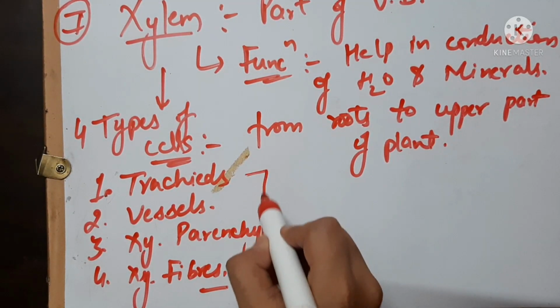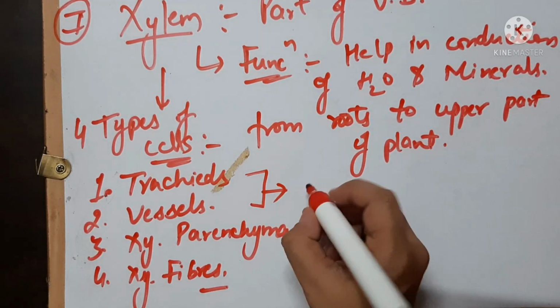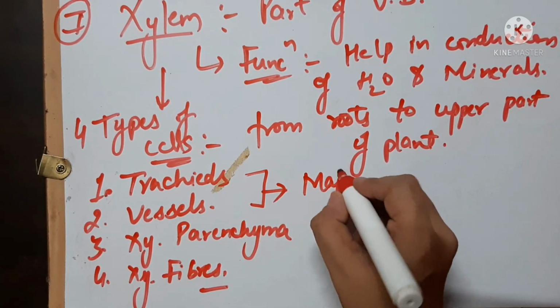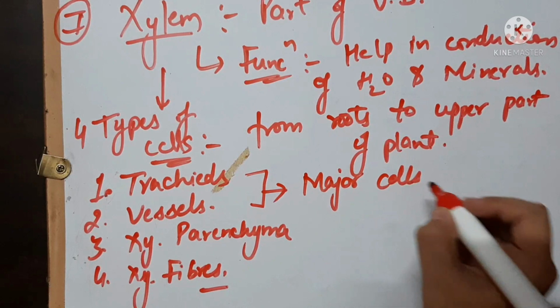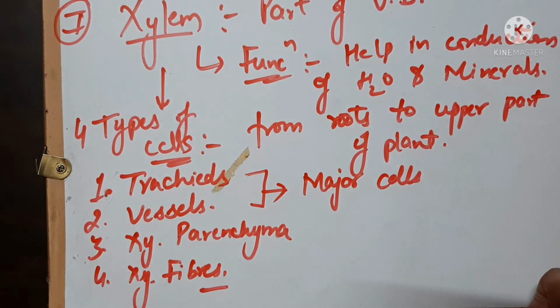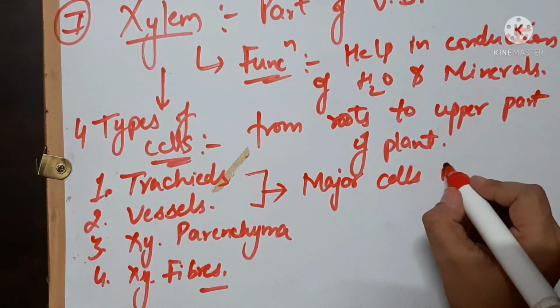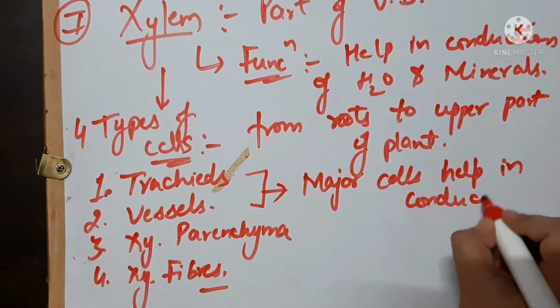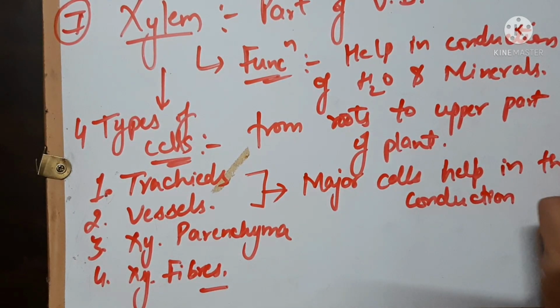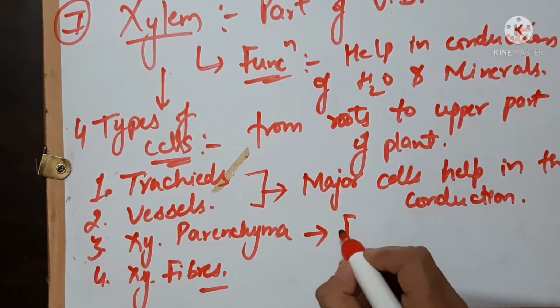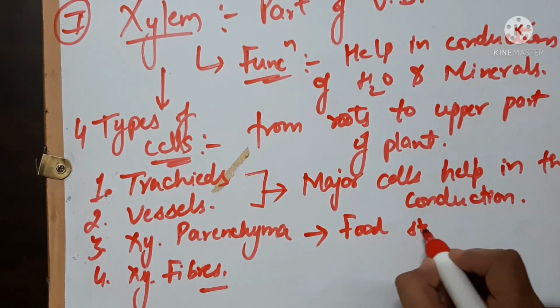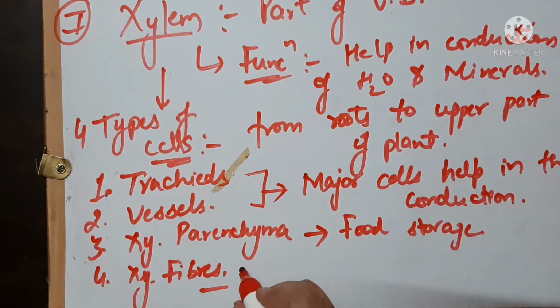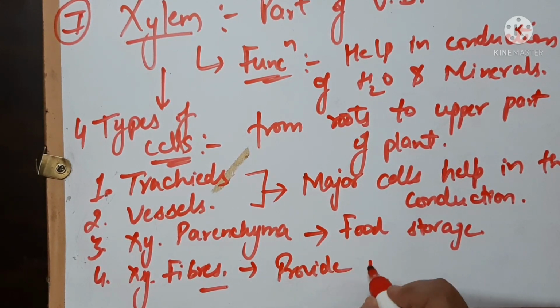The tracheids and vessels are the major cells which function as the transport of water and minerals. Major cells help in conduction of water. Function of xylem parenchyma: help in food storage. And what is the function of xylem fibers? Provide mechanical strength.